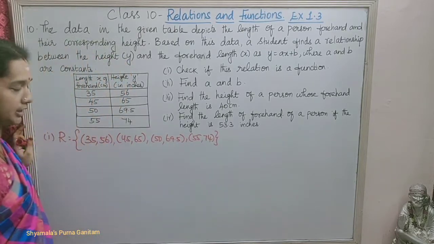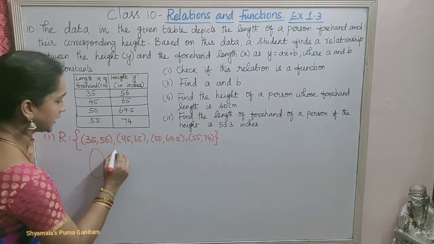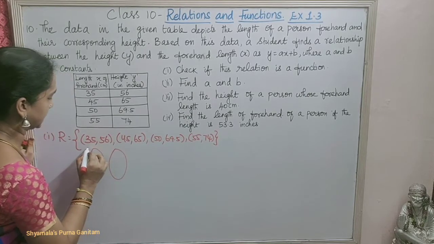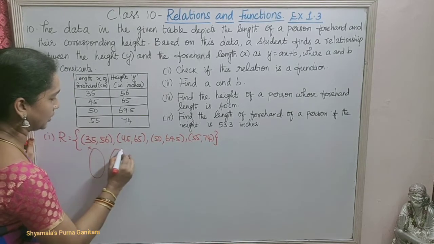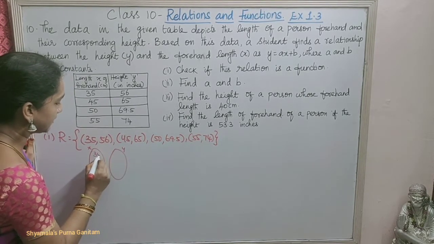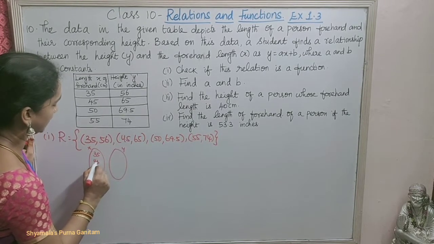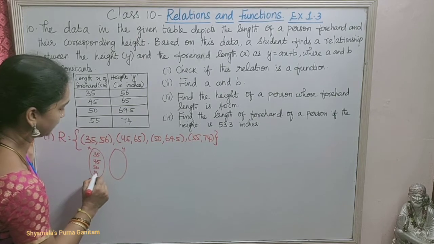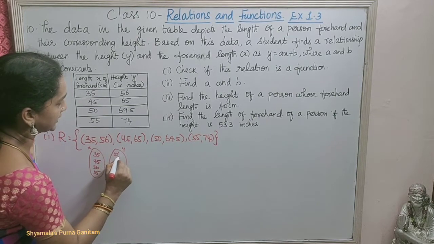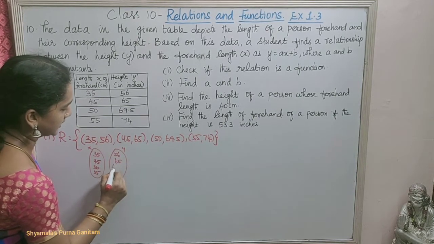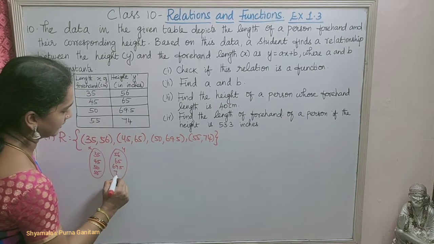So these are the ordered pairs. When you draw the arrow diagram with this x and y, the set X has 35, 45, 50, 55 and the set Y has 56, 65, 69.5 and 74.